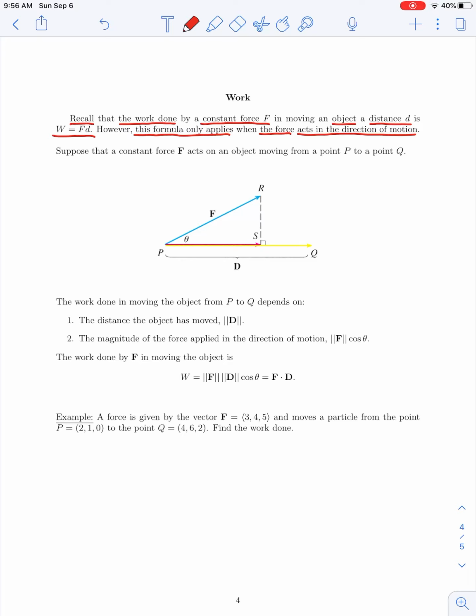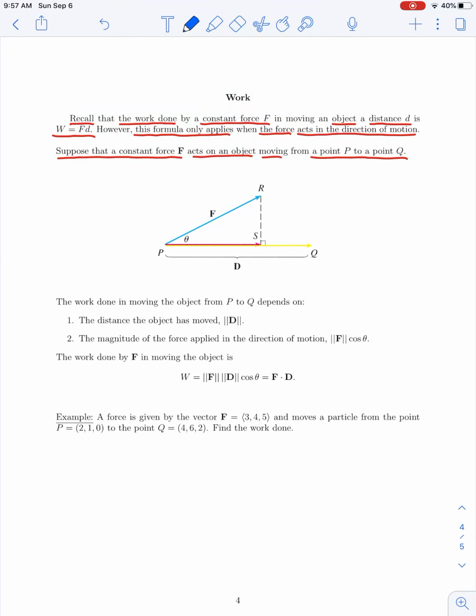So let's consider the following problem. Suppose that we have a constant force given by a vector, capital F, and it's acting on an object which is moving from a point P to a point Q, but maybe the force isn't acting in the exact direction of motion.